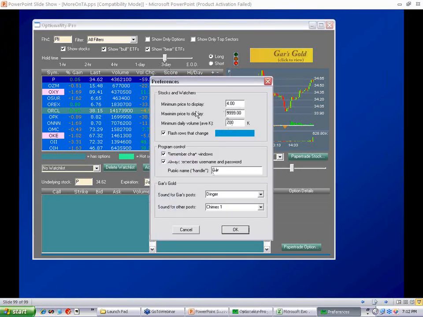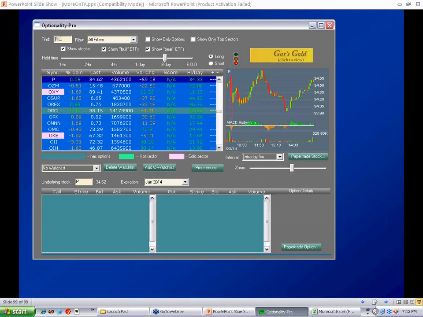I have my minimum prices at $4. I don't even have that stock in this list. I'm not sure, is it PLL? PI? I don't even know if it's any such stock. I don't see it in here.